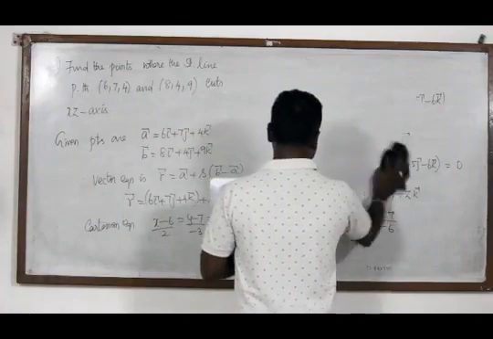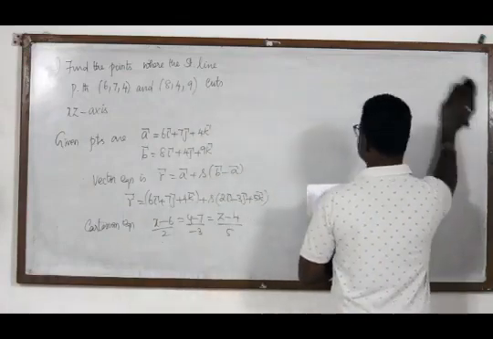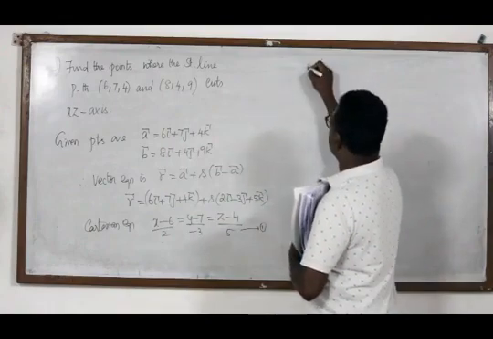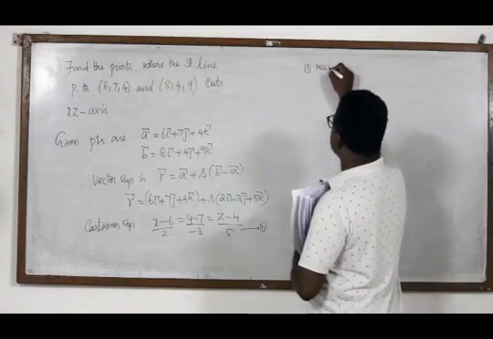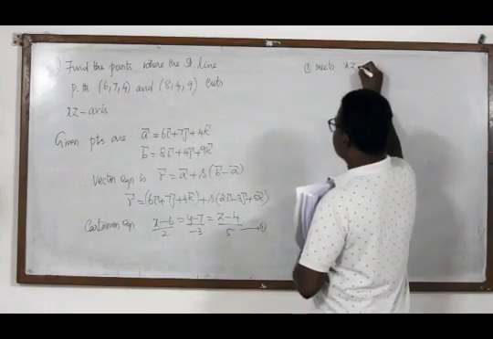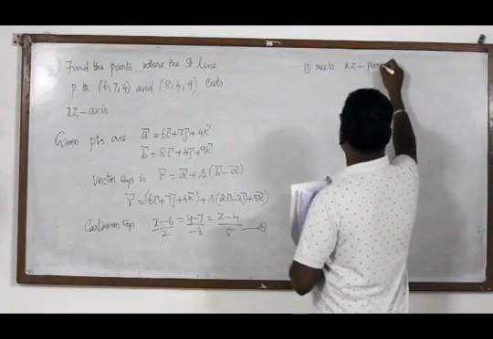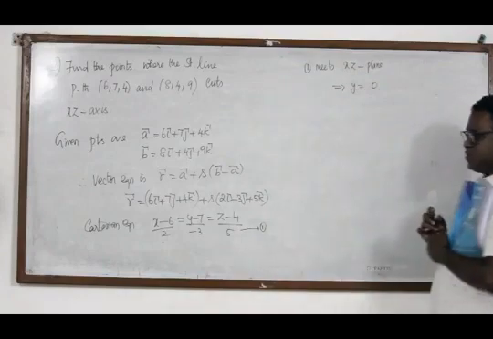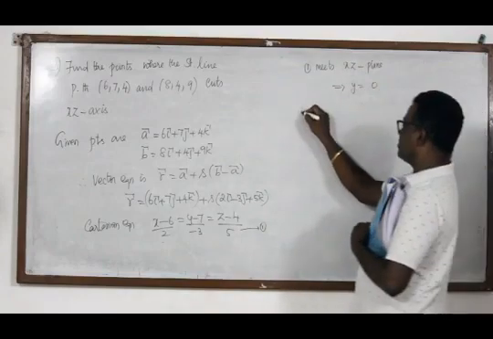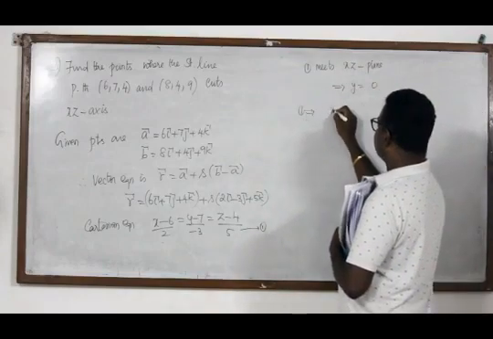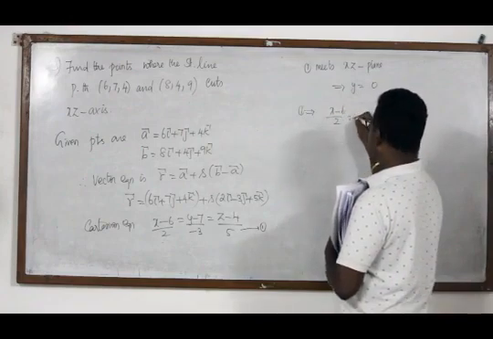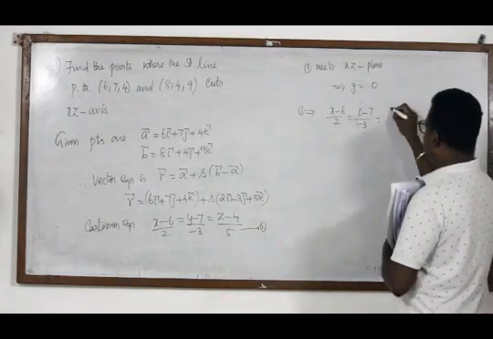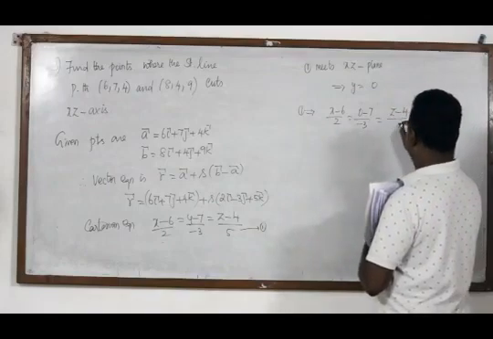This line meets the xz plane. We shall keep this as 1. Now, the xz plane means there is no y, that means y equal to 0. Then substituting y as 0 in 1: (x minus 6) by 2 equal to (0 minus 7) by minus 3 equal to (z minus 4) by 5.